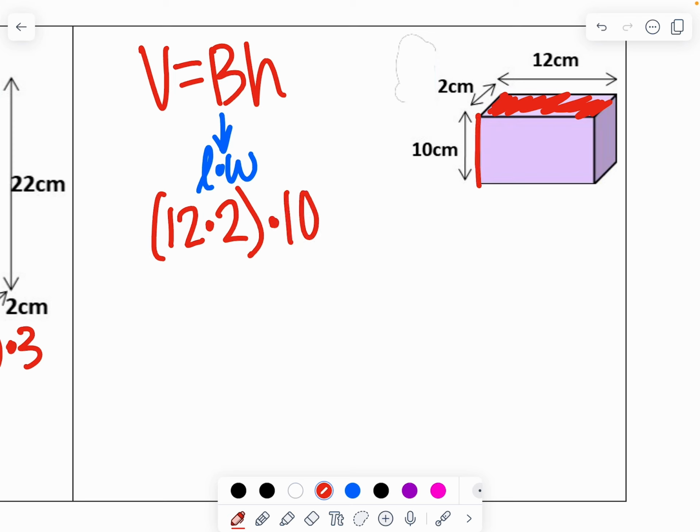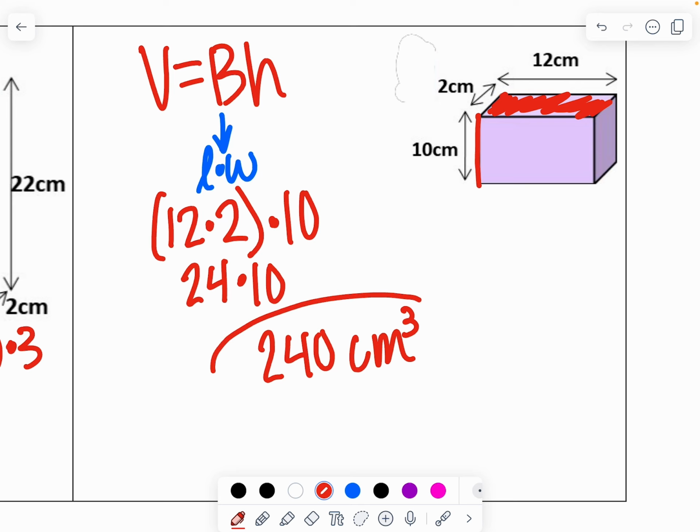Okay. If you chose a different base, that is perfectly fine. We will still get the same answer as long as you did it correctly. So 12 times 2 is 24. And then we multiply that by the height, and the height is 10. So 24 times 10 is 240 centimeters cubed. That is your answer.